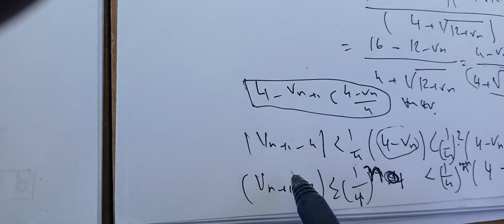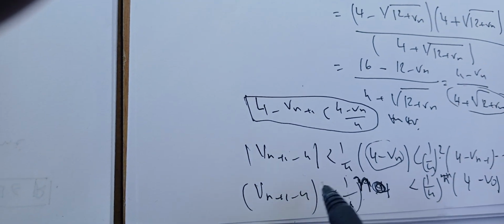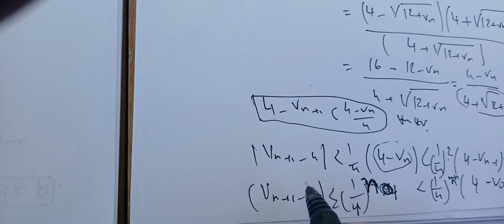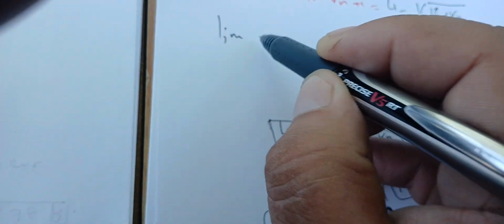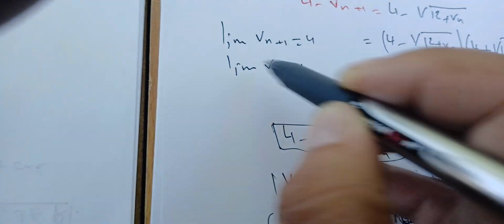So the absolute value of Vn+1 minus 4 is less than 1 over 4 to the power n. Now we take the limit, which gives us that this one is 0. Therefore, the limit of Vn+1 is 4, and therefore the limit of Vn is 4.